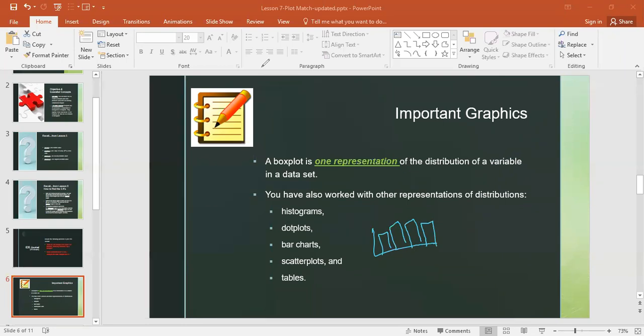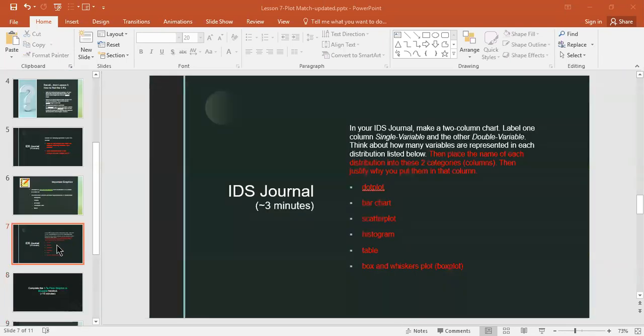We've seen scatter plots before. And then of course we've seen tables, specifically frequency tables, different types of frequency tables, right? So you might not think we've learned a lot, but we've learned quite a bit because we have seen all of these different types of representations of one of our distributions.